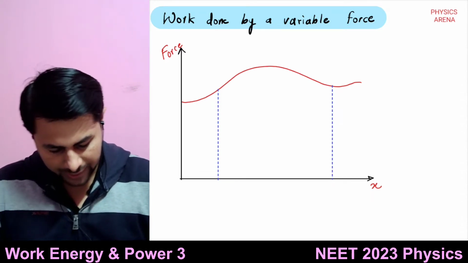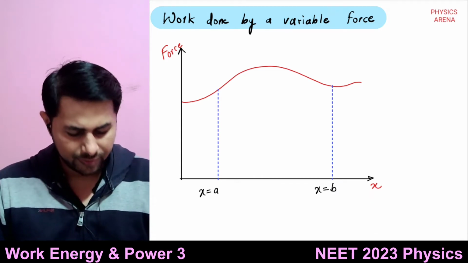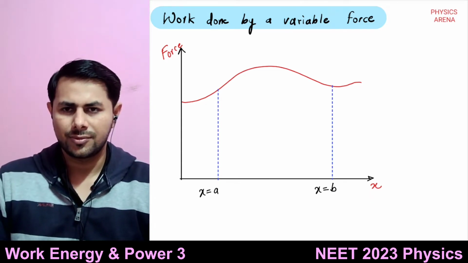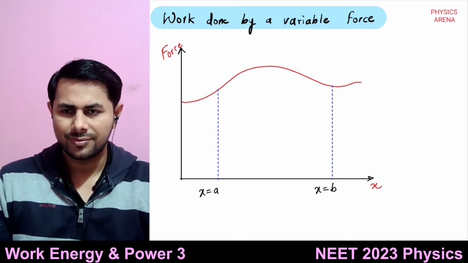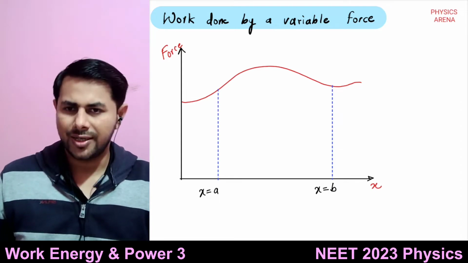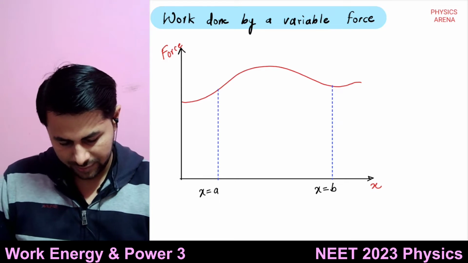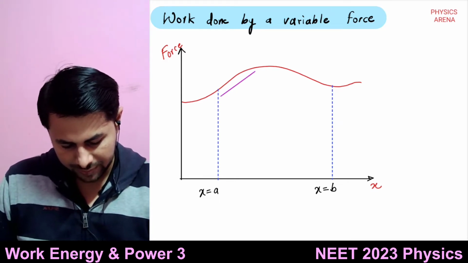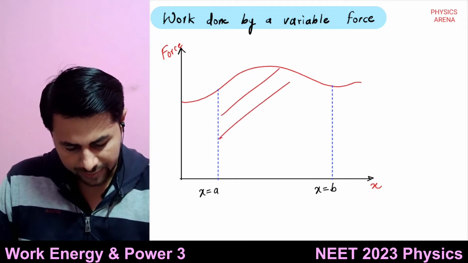So what will that be? This is x equals A, this is x equals B. What will that work be? It will again be the area under this curve, right? It will be this much area.